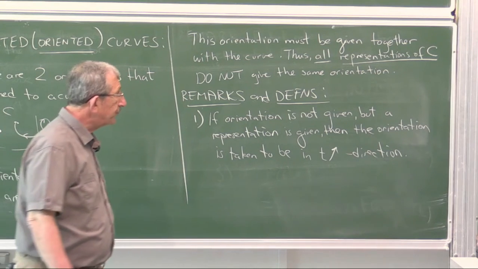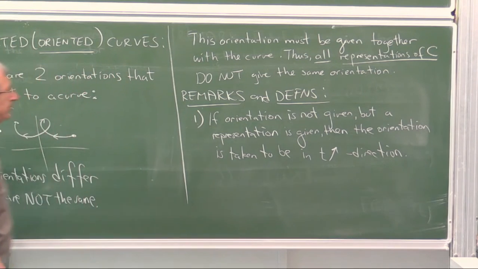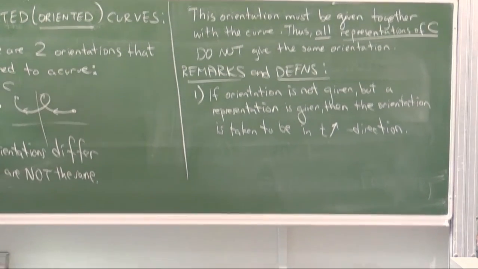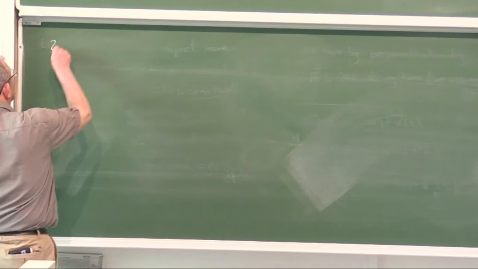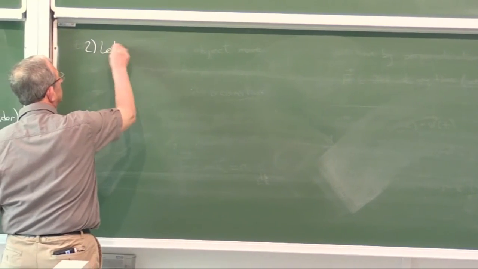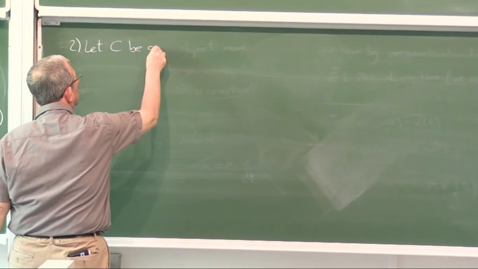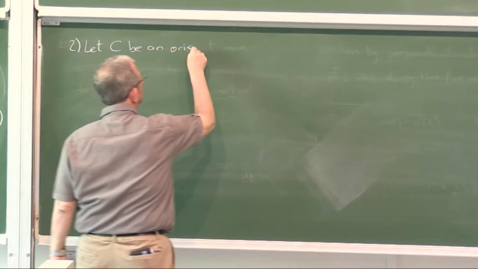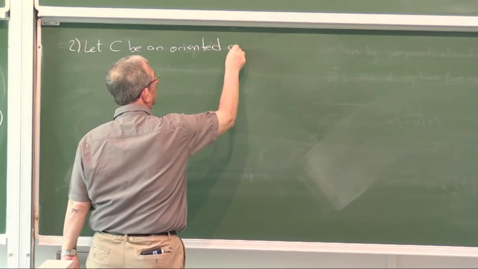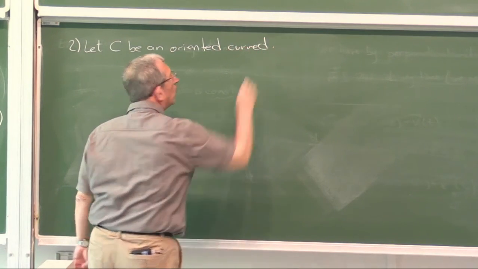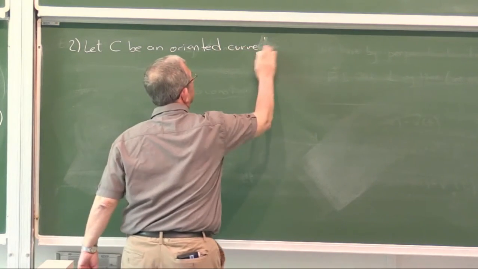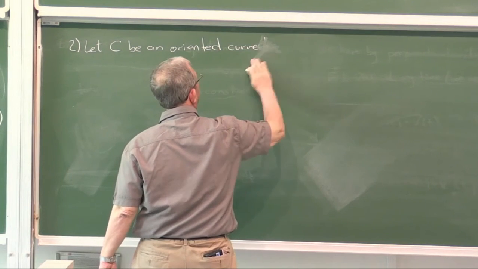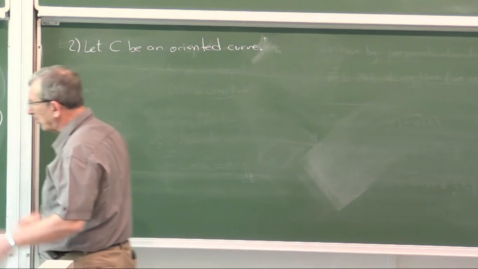Well, when we talk about orientations, of course, because we have two of them, a special name can be given to the other one. Let C be an oriented curve. That's a curve with a direction. So the orientation is given.